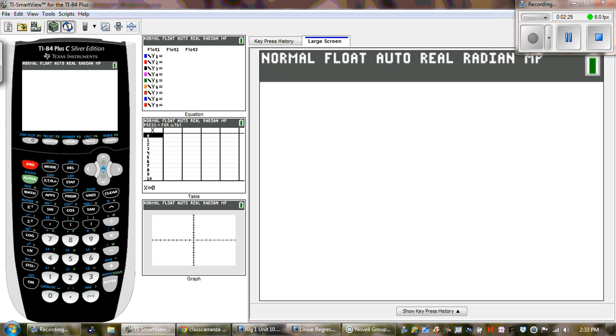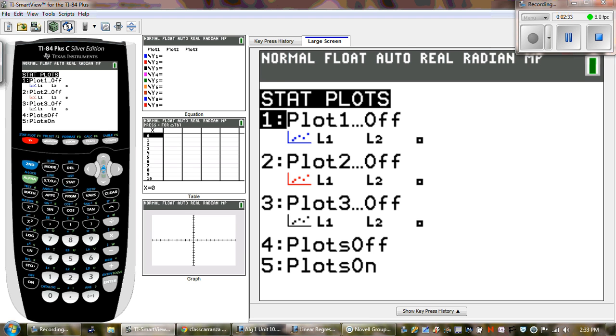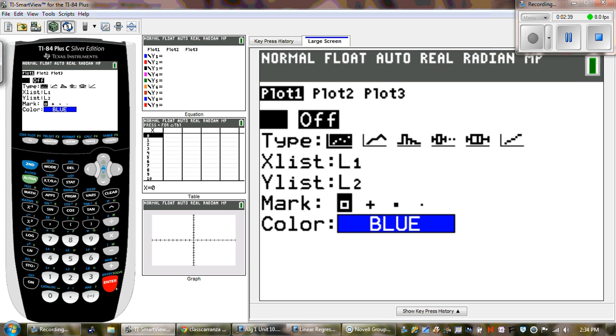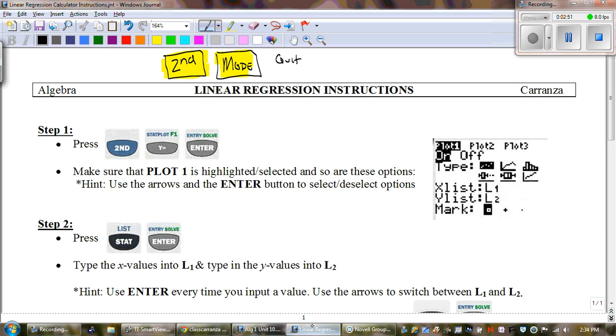So to do linear regression, I'm going to hit the second, then y equals, which is the top left, and the next thing it tells me to do is hit the enter button in the bottom right, okay? So I hit second, I hit y equals, and then I hit enter. Let's take a look at what it tells me to do.